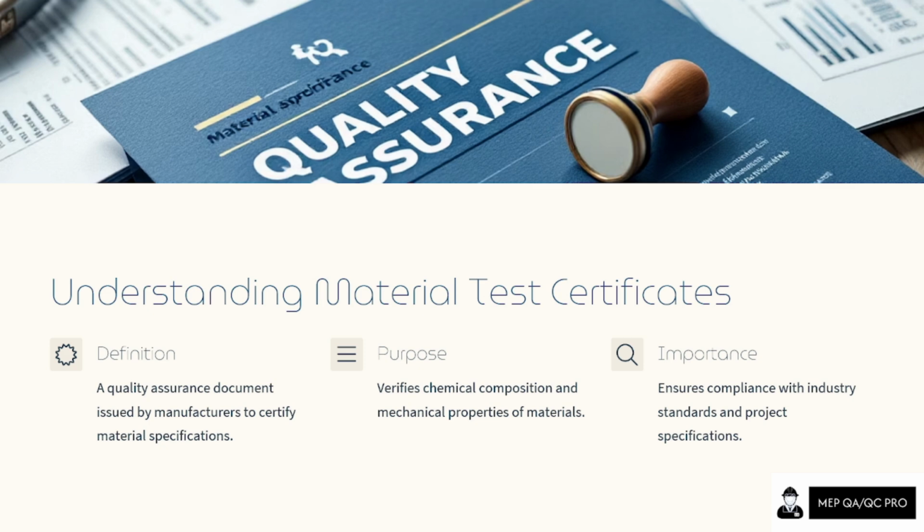Whenever the manufacturer is preparing the components or materials, there will be material compositions and mechanical properties which are aligned to produce the material. These will be shown in the test certificate, along with what components are used to produce the material.